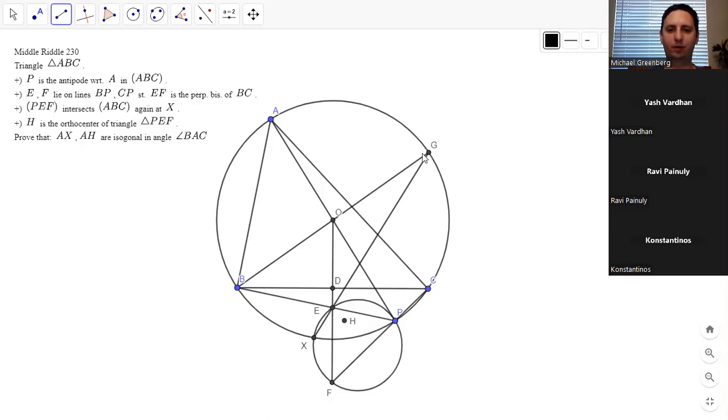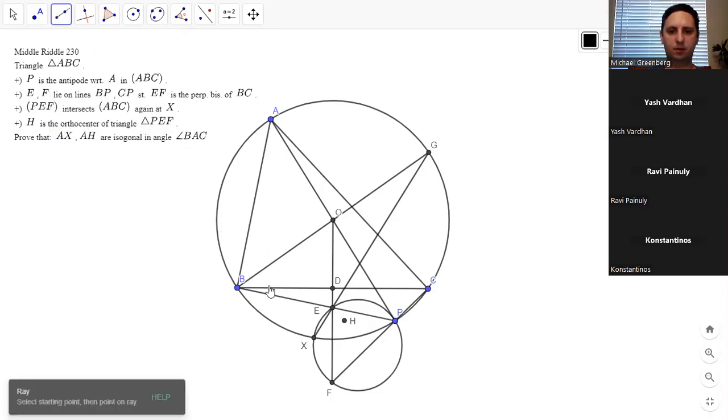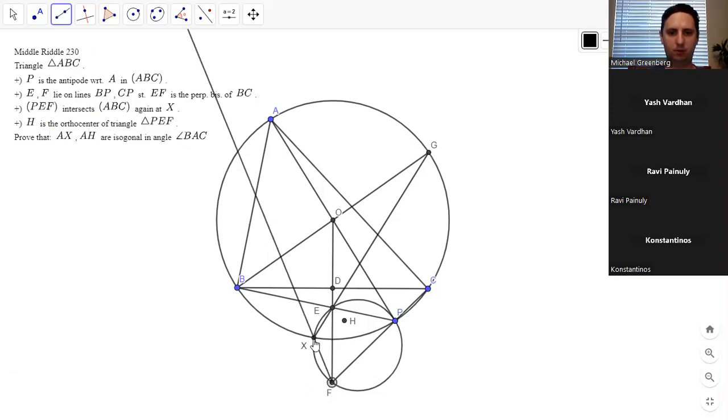So yeah, angle PFE is PXE, which is PXG, which is PBG. So yeah, of course we could do the same thing with XF if we wanted. And that should be the antipode of C.